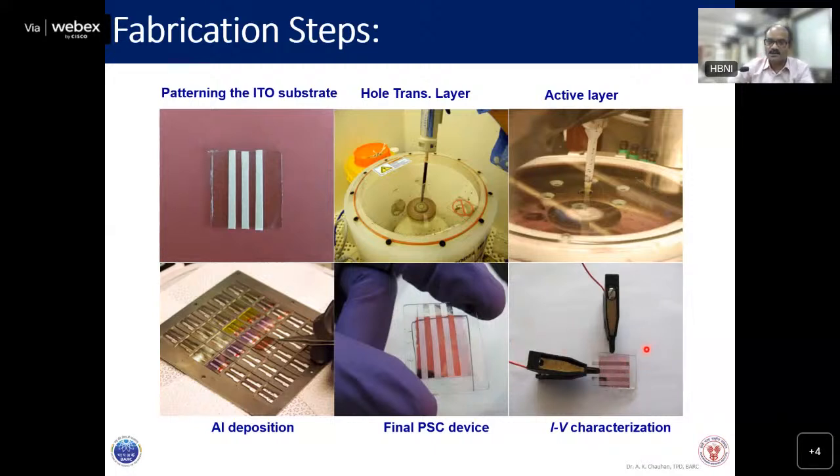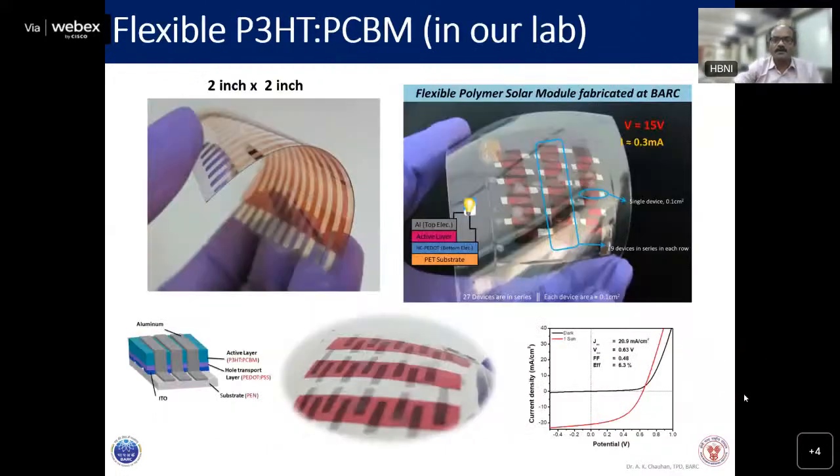This is the final device for IV characterization. Now you have one electrode here, another electrode here, and then illuminate this device with light, and measure the current-voltage characteristics.